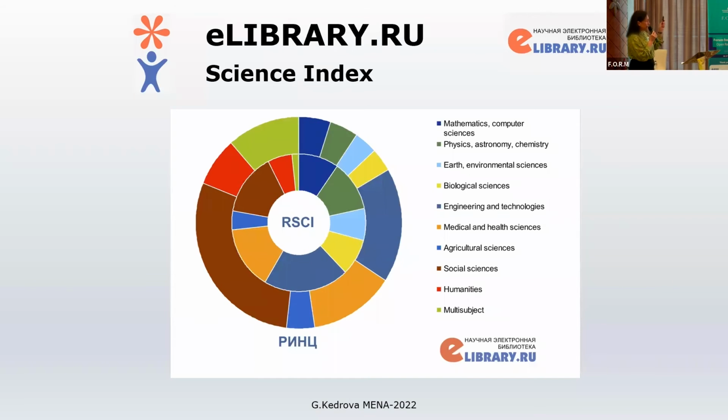These are the scientific fields that are covered by the repository of this library. You may see there is the RSCI Science Index with the science fields, and the wider index of citations that is called RINTS, which is broader than the RSCI index.